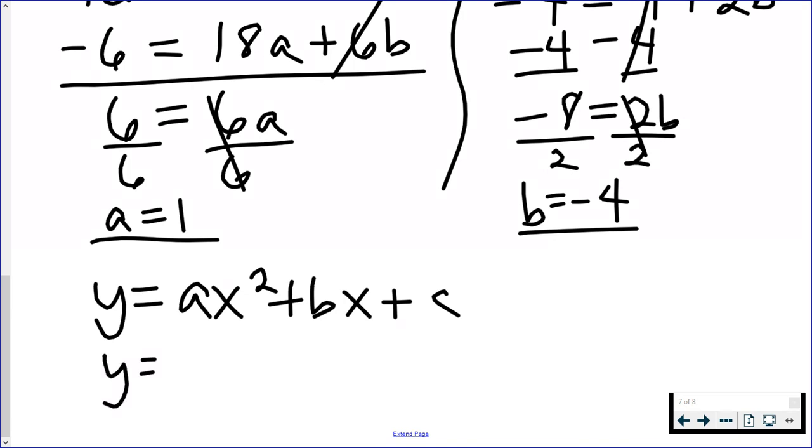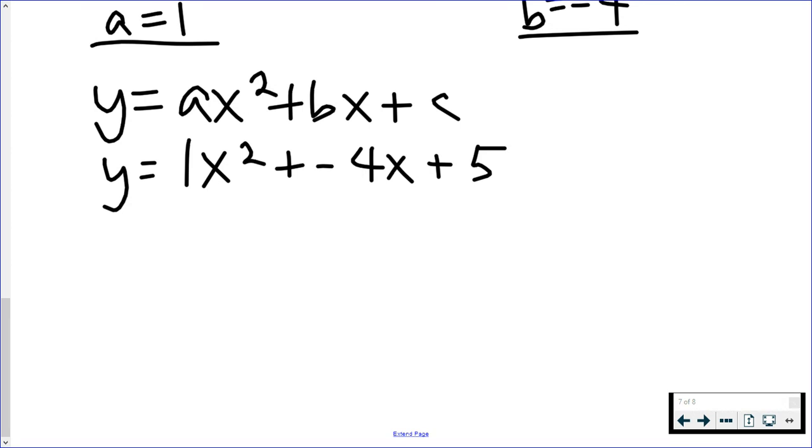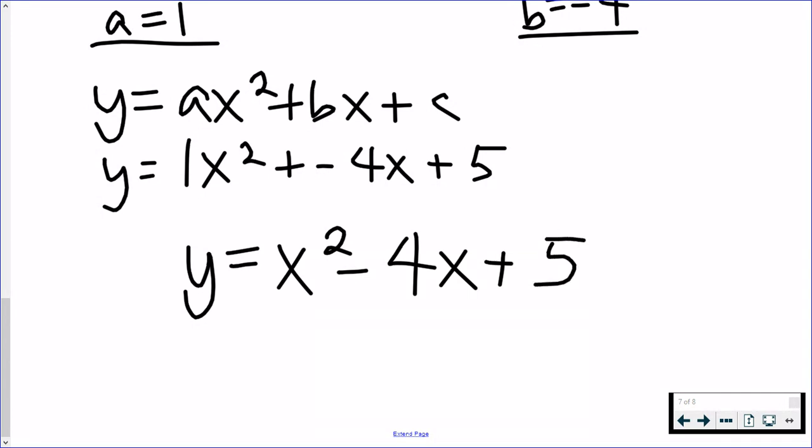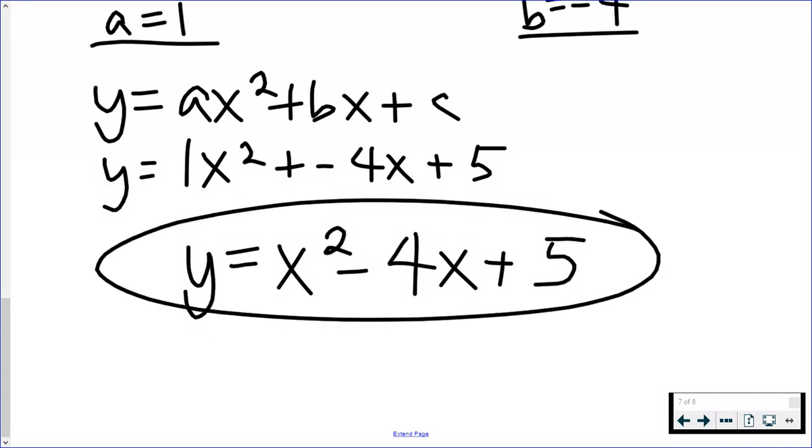A was 1, b was -4, c was 5. So what I just wrote is correct, but we can make it look a little nicer. That would be our standard form.